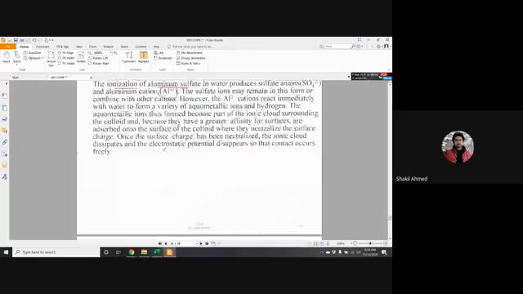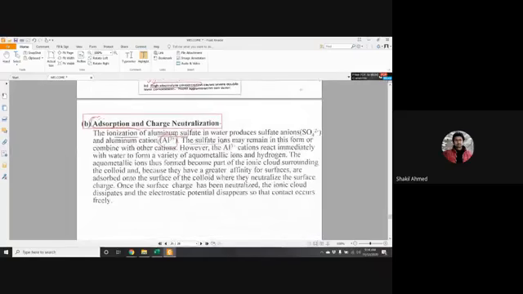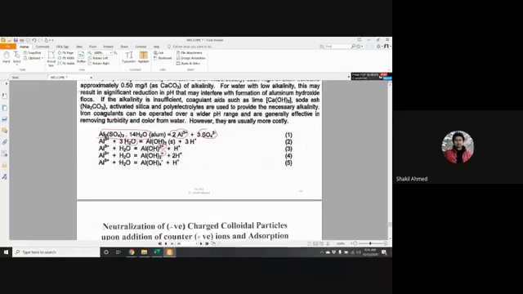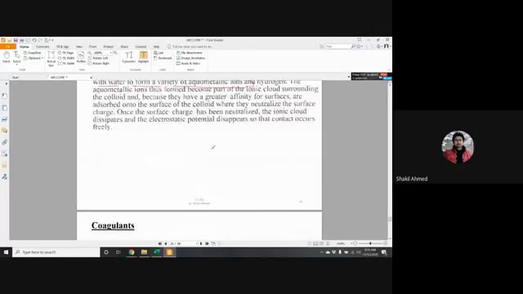Tell me. The aluminium ion cations react immediately with water to form a variety of aqua metallic ions. What is aqua metallic ion? This is an aqua metallic ion. This is one aqua metallic ion.